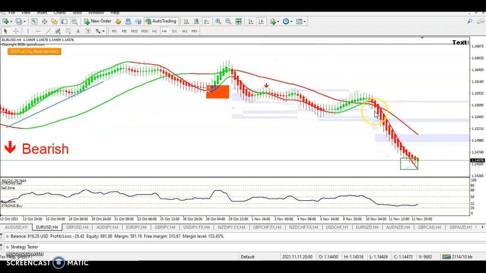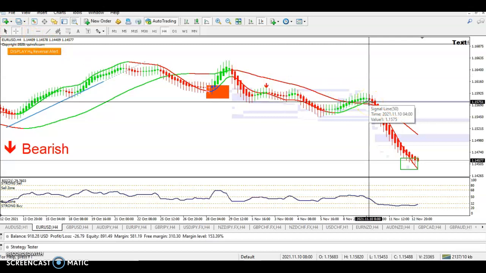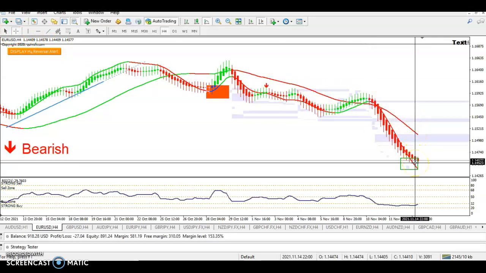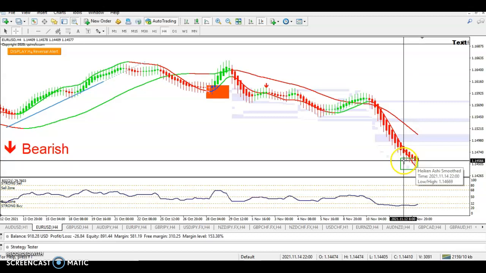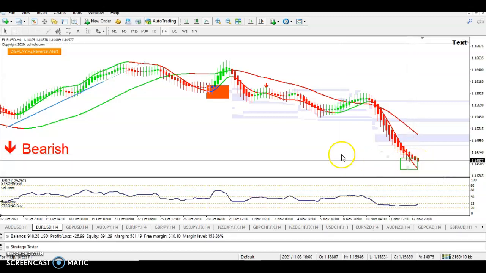So look at the HMAs, they crossed at 1.15 last week, about 11:10, and we haven't closed up. We haven't crossed above this price action, so we're not closing bullish.